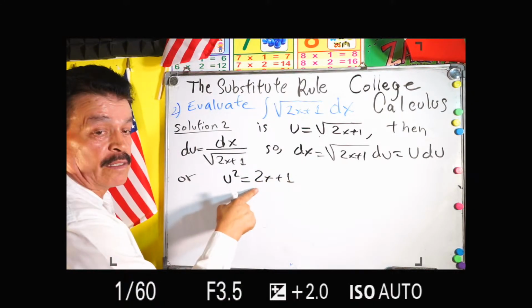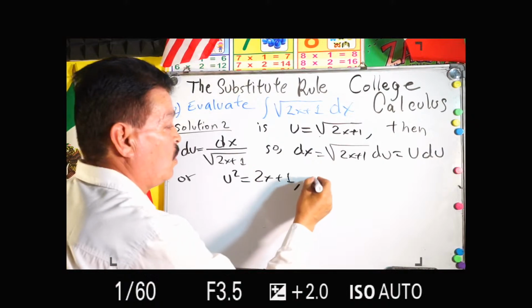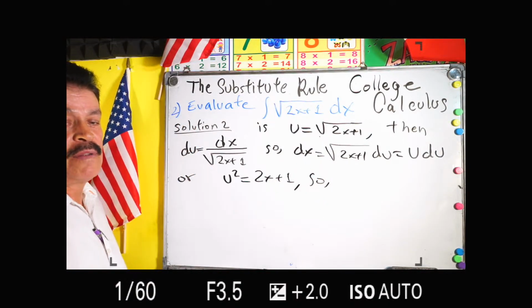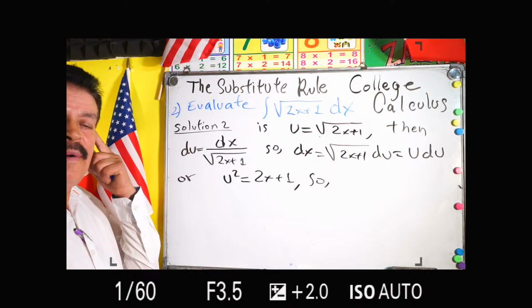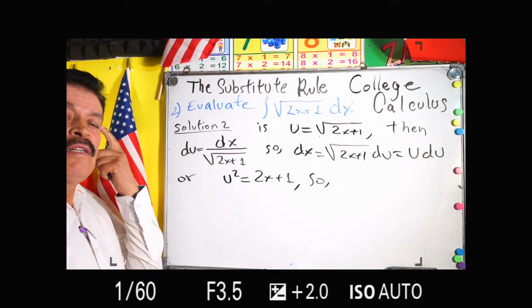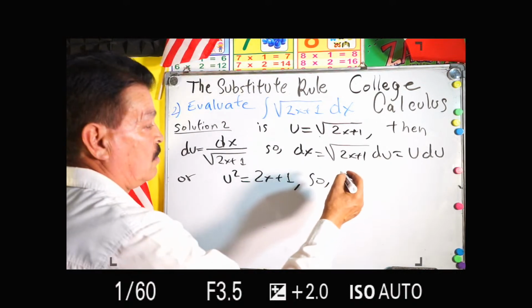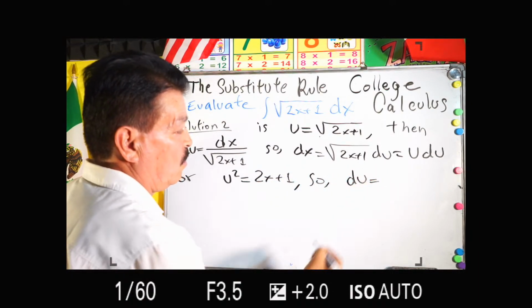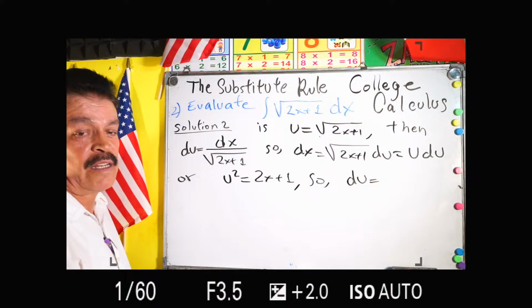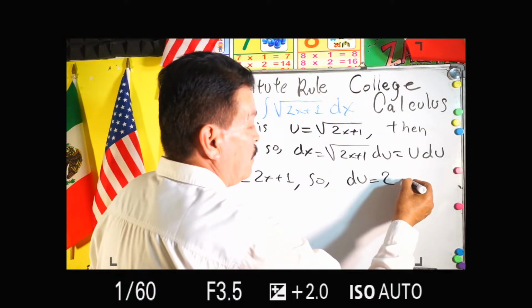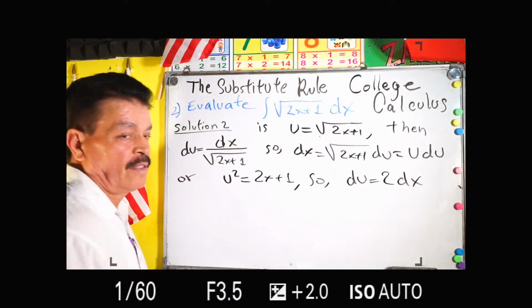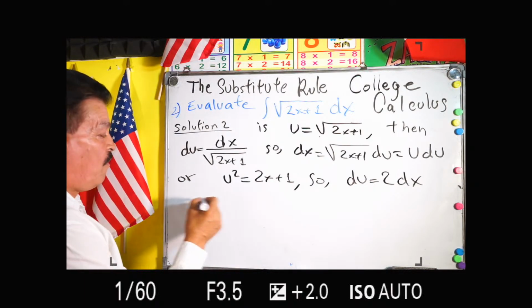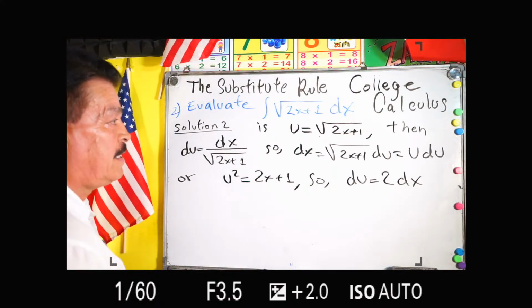So du equals 2 times the differential of x.